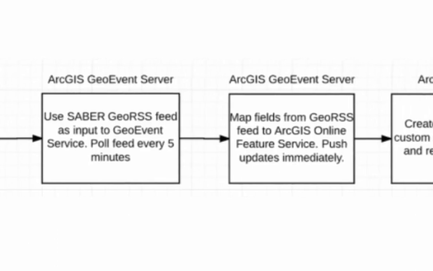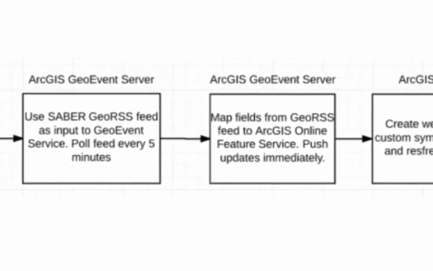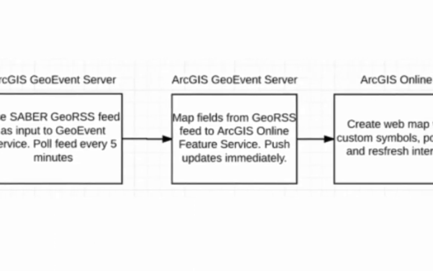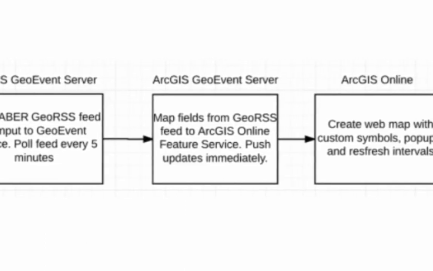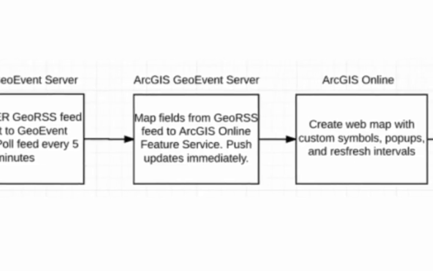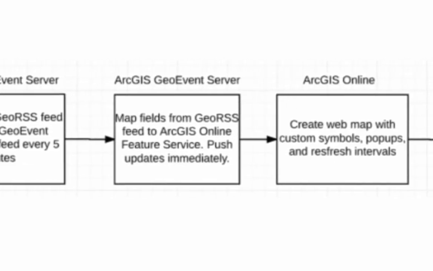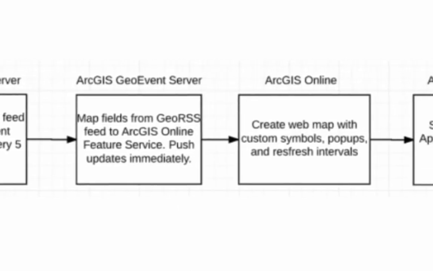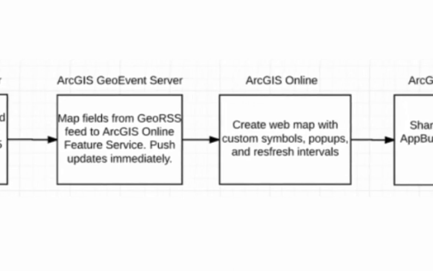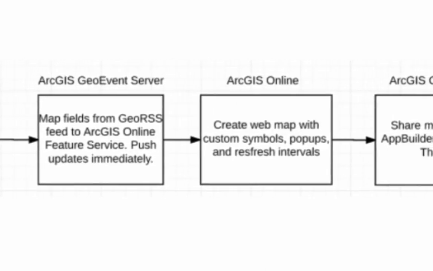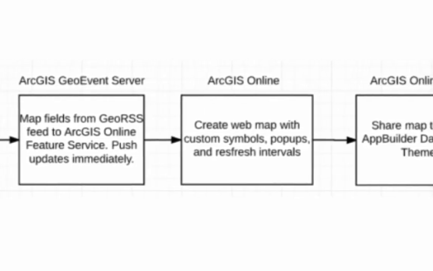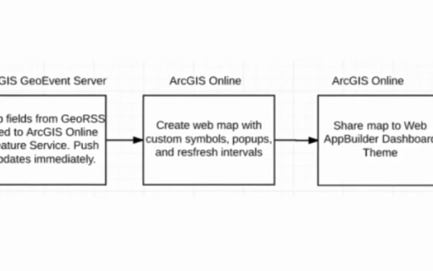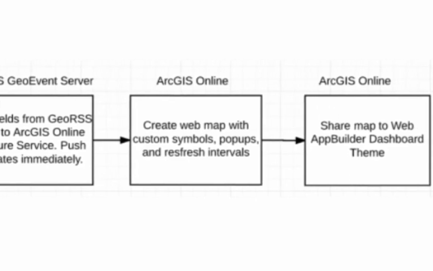And then once we have our data in ArcGIS Online, we create the web map. And this was our desire to take this route as opposed to just plugging the feed directly into ArcGIS Online, which you can do. But we wanted more customization over the data, such as the symbols, the pop-ups, and having access to the underlying table so we could create graphs and things like that to separate out and visualize the data a little better.